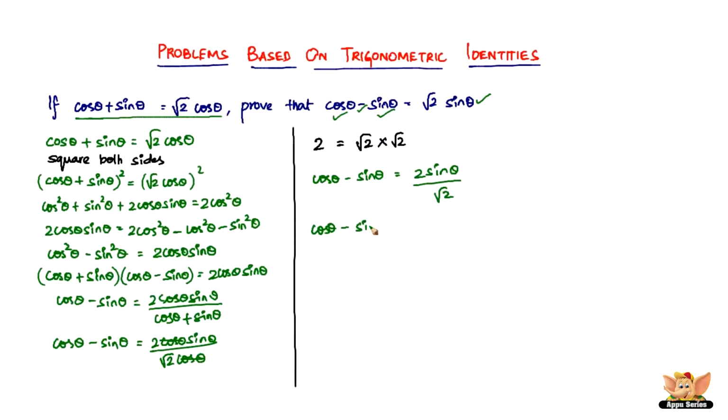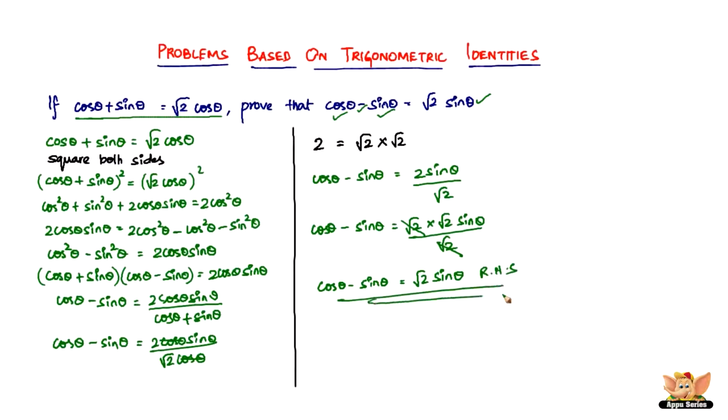So cos theta minus sin theta equals, I'm writing 2 as root 2 times root 2 sin theta, divided by root 2. So this root 2 gets cancelled, and we are left with, on the right hand side, cos theta minus sin theta equals root 2 sin theta, and here it is, RHS. So hence we proved that this is equal to this. Alright, so that's pretty much it.